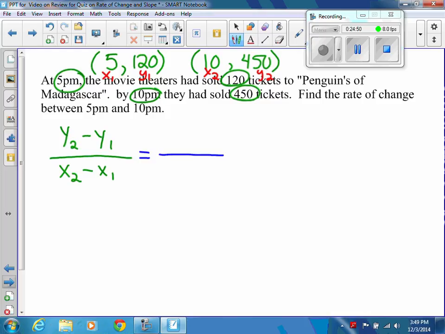So what do I have on top? What minus what? It should be 450 minus 120. And then what will be on the bottom? It should be 10 minus 5.